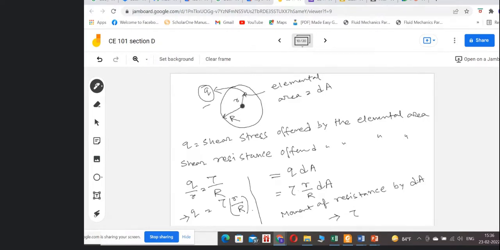The moment acting at the center of the shaft, or the shaft axis, is tau into dA into r square by capital R. Simply we have multiplied the small r distance, that is the distance between the force and the point, with that force.